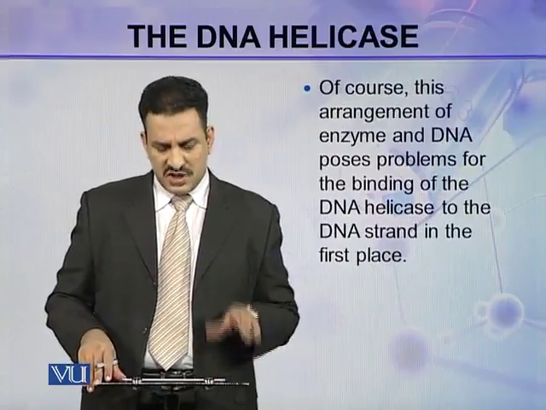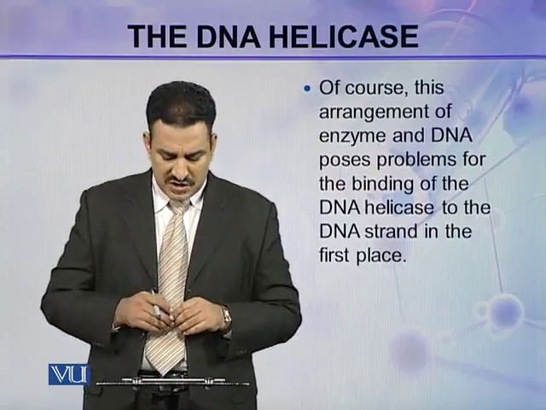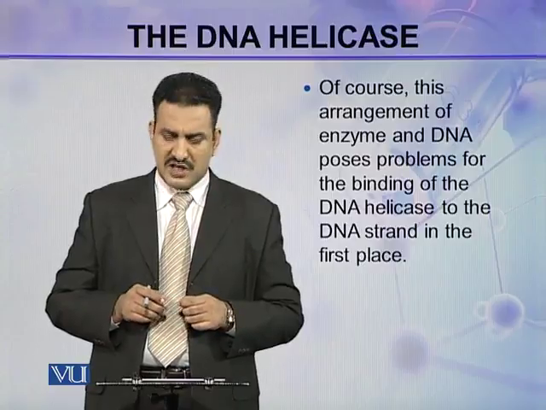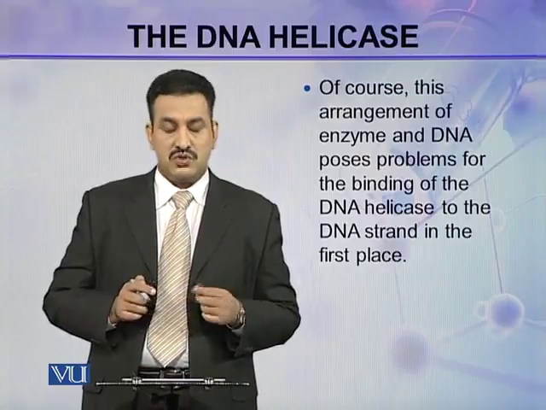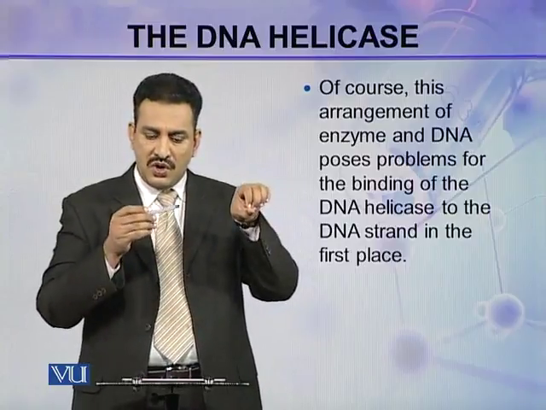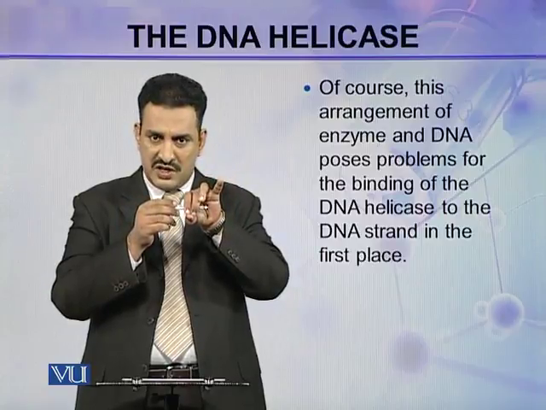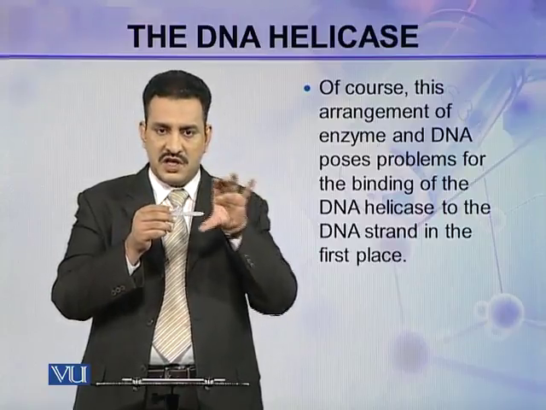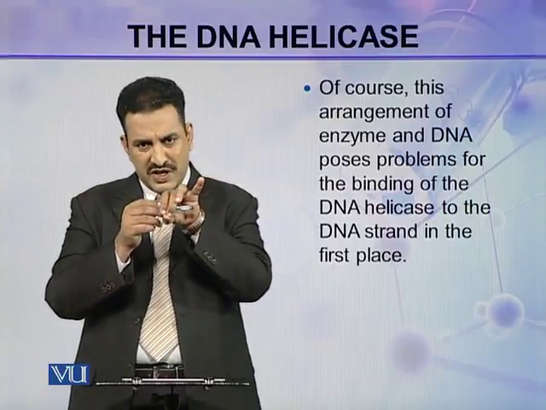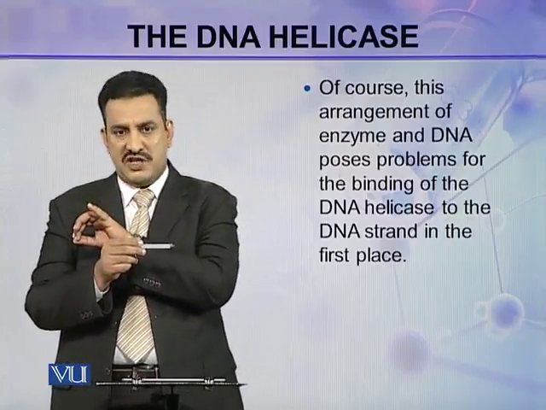Of course, this arrangement of the enzyme and DNA poses problems for the binding of the DNA helicase to the DNA strand in the first place. Because this is a ring form, how does this ring encircle the DNA strand the first time? Once it has encircled this strand, it will keep on moving, and at the end of replication it will leave the strand.